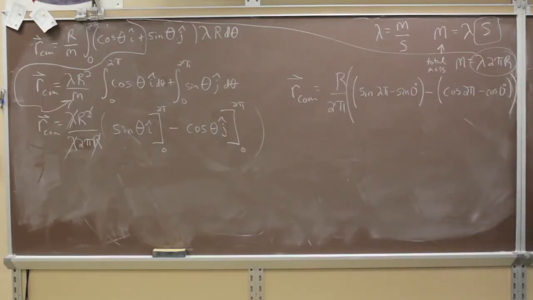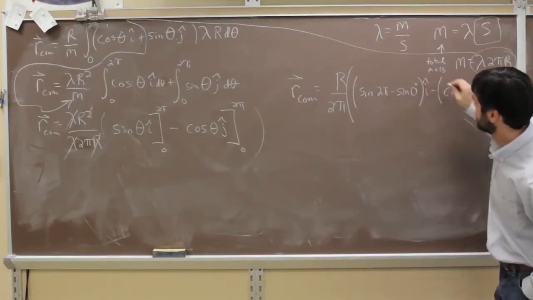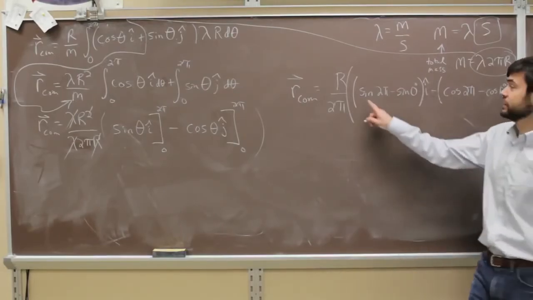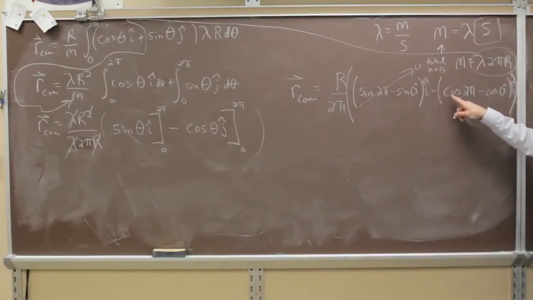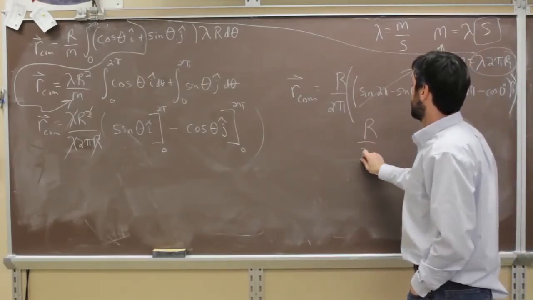That's all j hat, and that's still all i hat. Okay, what is sine of 2 pi? 0. What's sine of 0? 0. So that's 0 minus 0, so that's gone. And then here we've got cosine of 2 pi, that's 1. And what's cosine of 0? 1. So we have r over 2 pi.